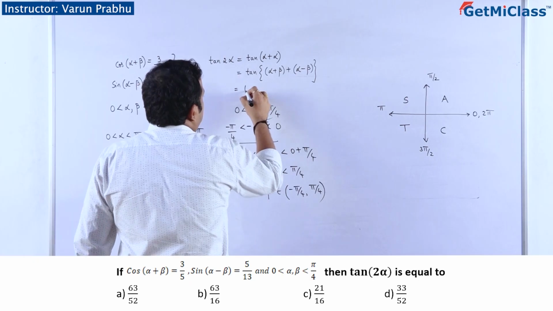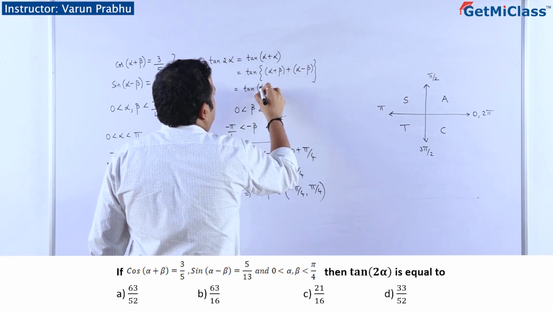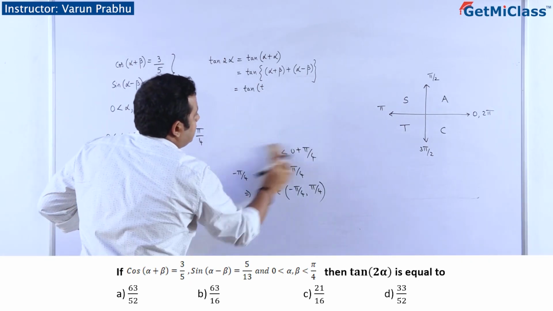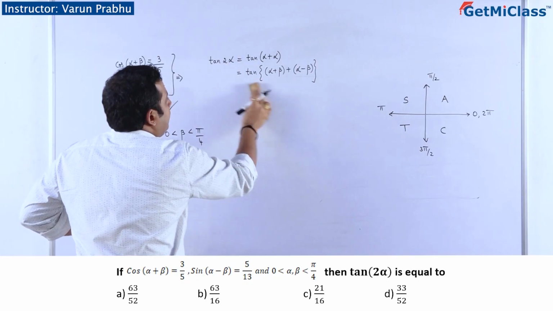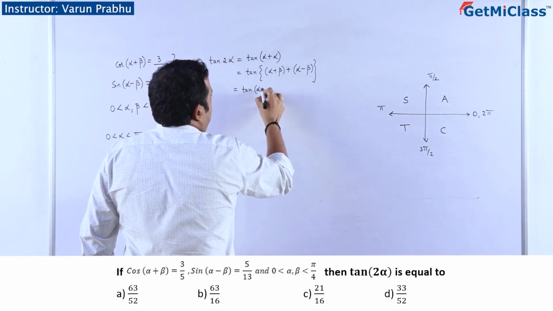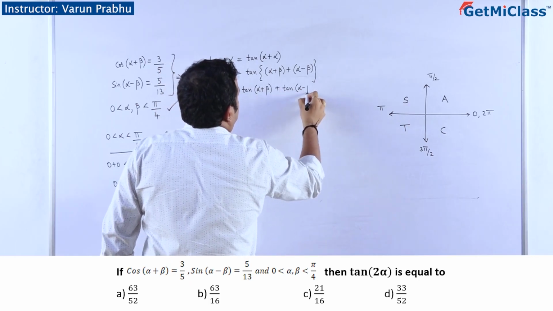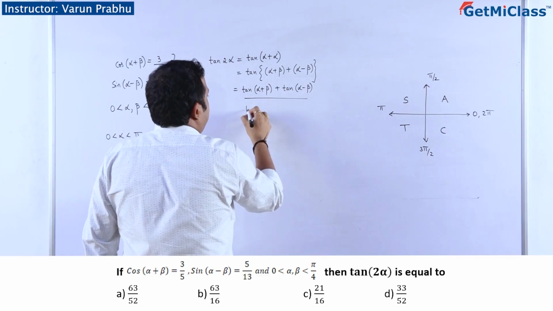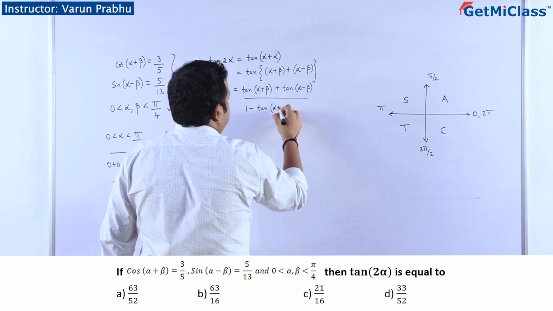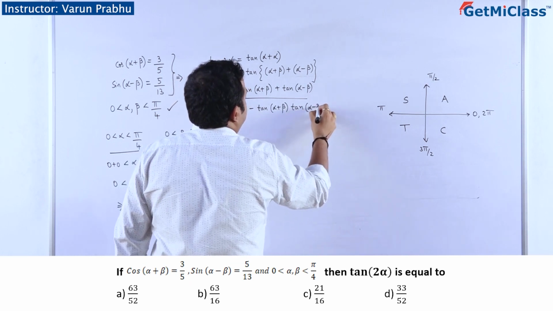So, your answer to the question will be tan of A plus B. That is nothing but tan A plus tan B divided by 1 minus tan A into tan B, correct? Here A is alpha plus beta and B is alpha minus beta.